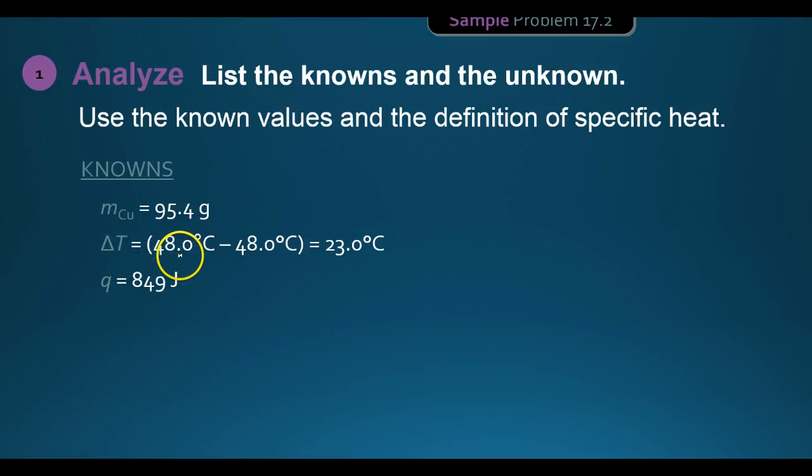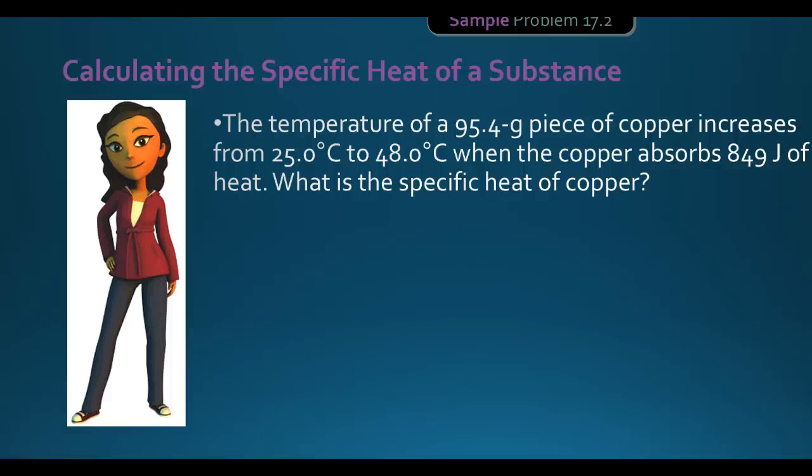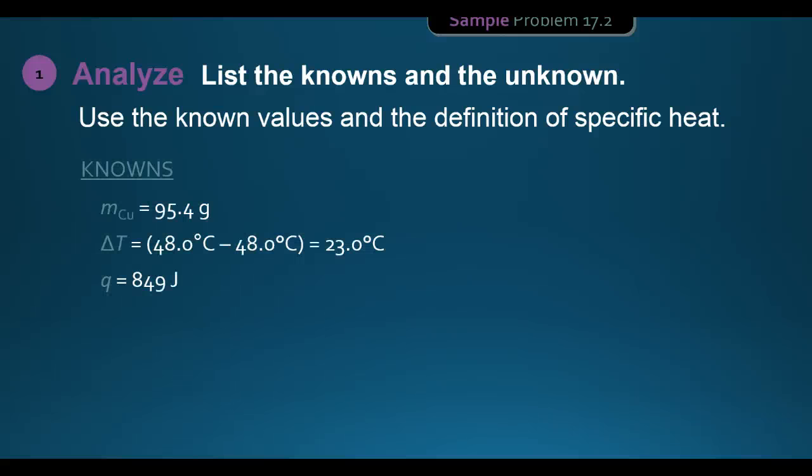Final temperature was 48 degrees Celsius minus, there seems to be a bit of an error there. Okay, so if we go back to the problem, the initial temperature was 25 degrees Celsius, so we want to actually change this to 25 degrees Celsius, and that gives us 23 degrees Celsius as our change in temperature.